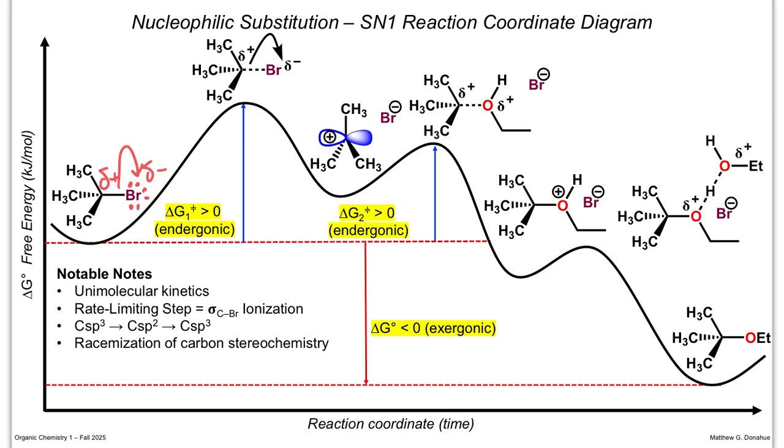So when the reaction starts, this bond starts to ionize. And so that's represented by, now, instead of a solid line, a dashed line, which means that the bromine is pulling away, that bond is getting longer.